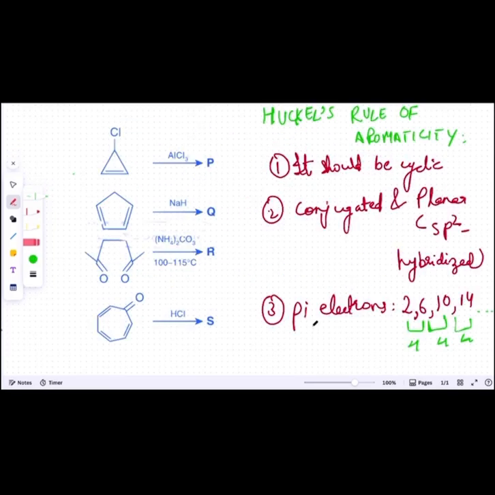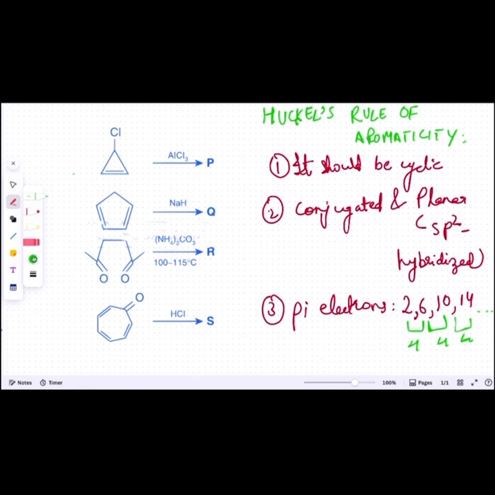Now in the next question, we discuss Huckel's rule of aromaticity, which is very important. The first rule is that it should be cyclic. If the structures are cyclic, they can be aromatic. Second, they should be conjugated and planar, which means each atom in the ring should be planar or sp2 hybridized.